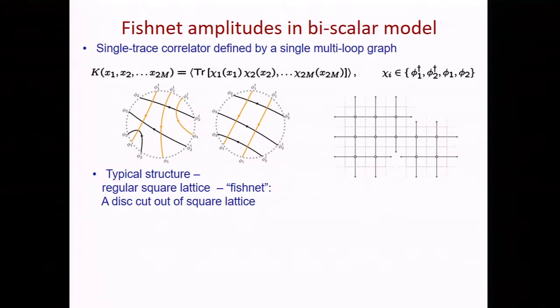So take a sheet of squared paper and just cut along a sequence of bonds, cut out a disk, which is shown here by solid lines. So this is such a correlator graph. All these internal blobs are integrated out. All the boundary points are at fixed positions in X space.